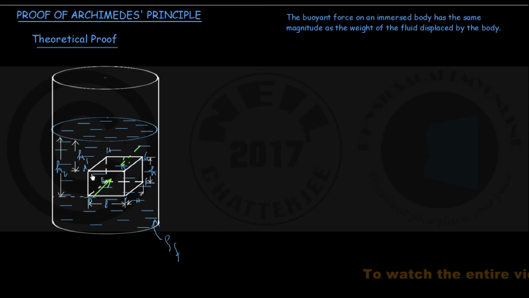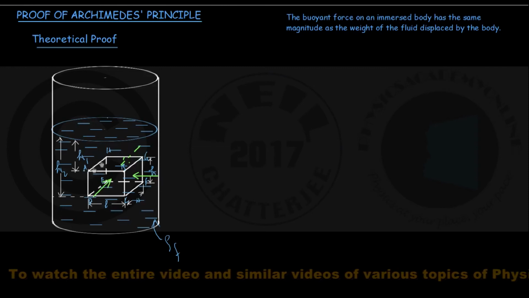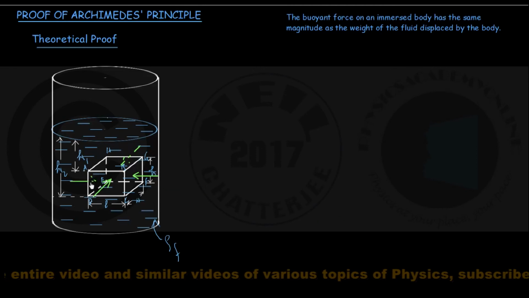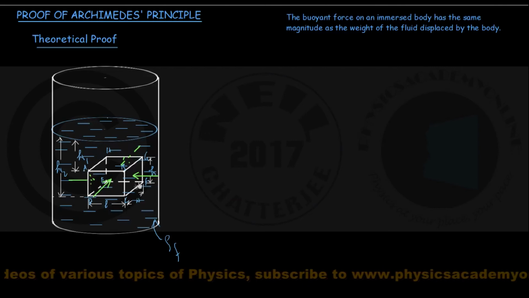Next, consider the left and the right vertical faces. Once again, on the right vertical face, force of pressure acts to the left horizontally, and on the left vertical face, that is AHED, the force of pressure acts normally to the right, and therefore these two forces have same magnitude, opposite direction, same line of action, they cancel each other out.